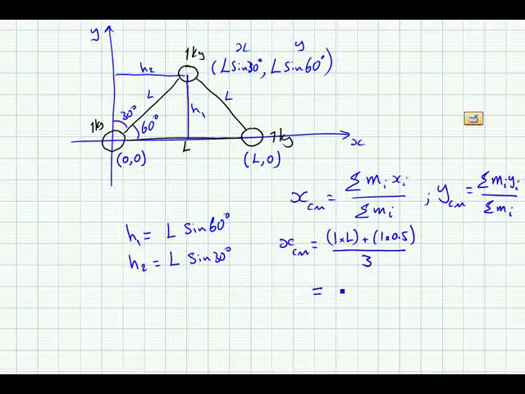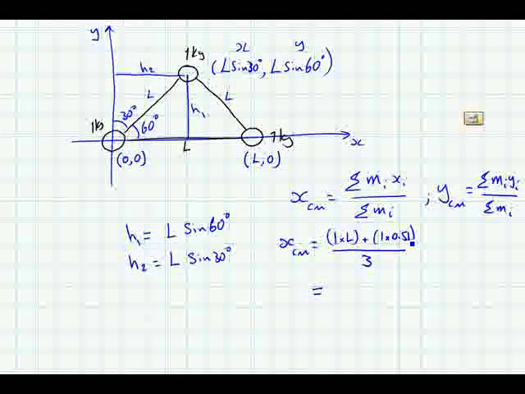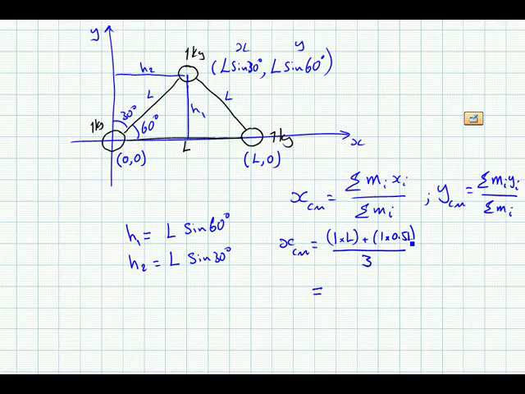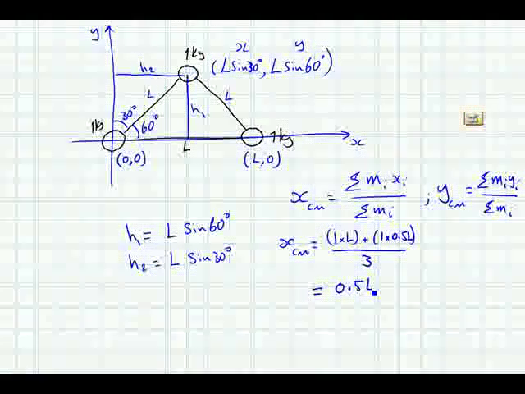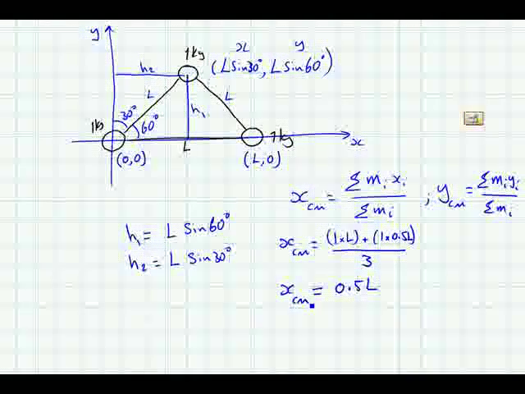So the x coordinate becomes 1.5 L over 3, which is 1/2 of L. So half an L is the x coordinate of the center of mass.